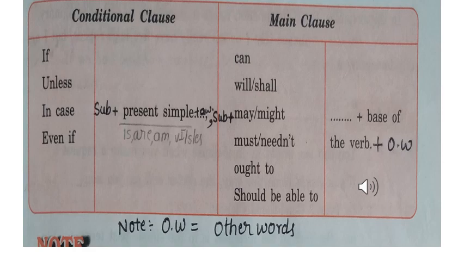After that, you need to write your modal verbs: can, will, shall, may, might, must, need not, ought to, should, be able to. Any one of these verbs, whichever is required according to your subject. Then after, the main verb. And after that, OW. OW means other words.